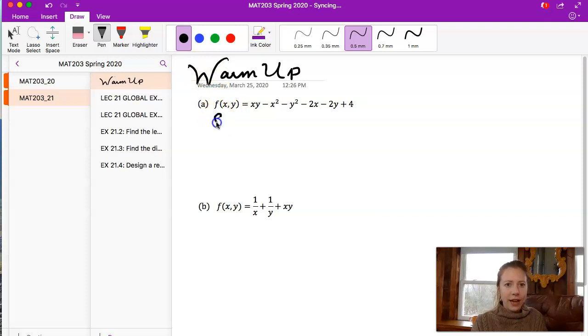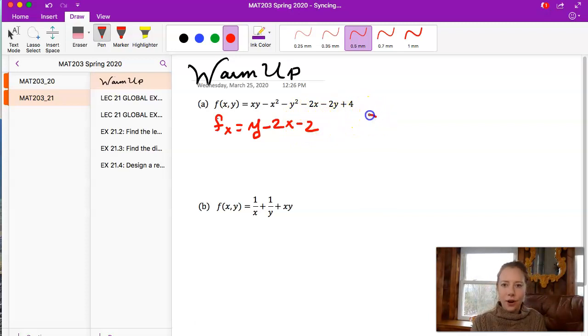With respect to x, the first order partial derivative is going to be y minus 2x minus 2. The y squared is treated as a constant because we're taking a partial derivative, and the 2y plus 4 is treated as a constant.